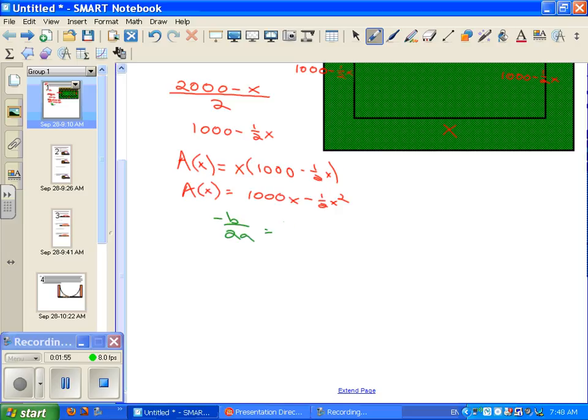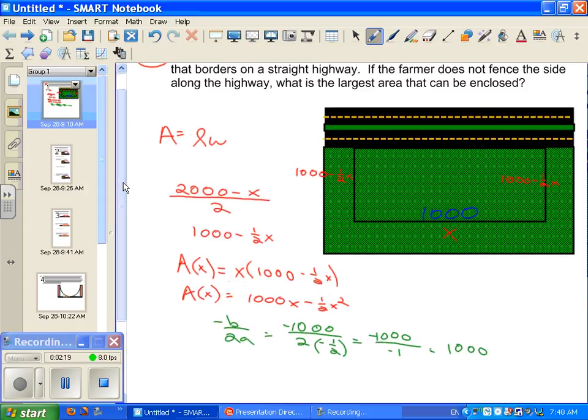1,000. So I'm going to have the opposite of 1,000 over 2a, negative 1/2. So I get negative 1,000 over a negative 1. It's positive 1,000. All right, so this is 1,000. So I have 1,000 left over to distribute over each of my two sides.